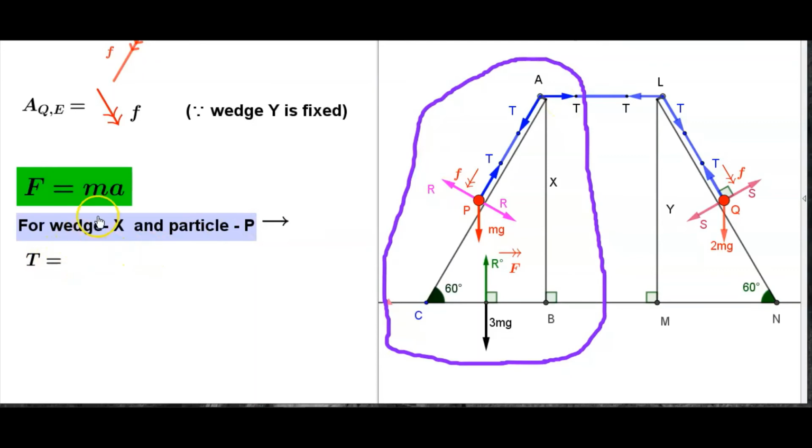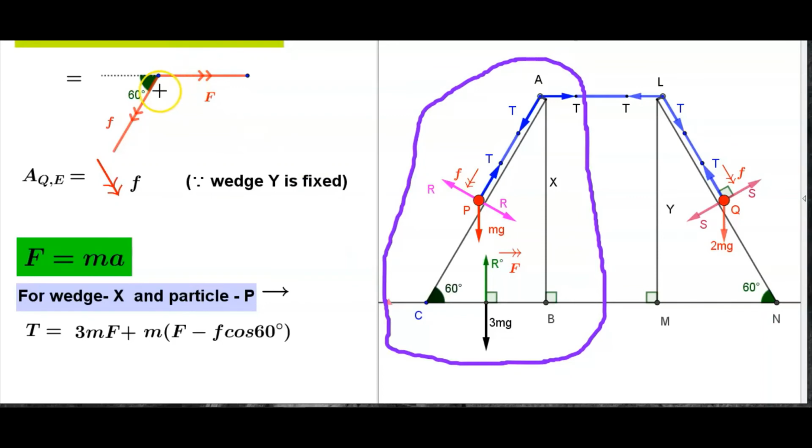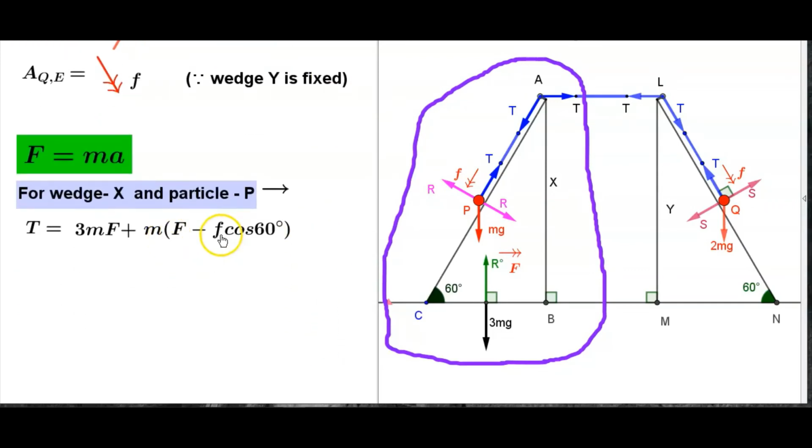T equals mass times acceleration. 3m is the mass of the wedge, times its horizontal acceleration capital F, plus the particle of mass m, whose horizontal acceleration is capital F minus f cos 60.